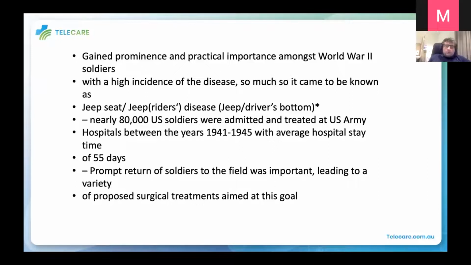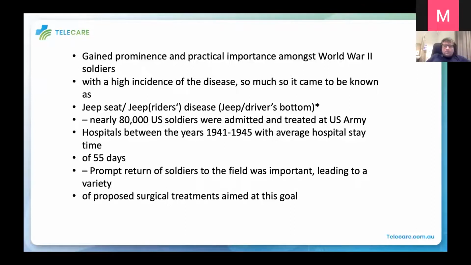It caused a lot of morbidity from the military's perspective, because over that period in the Second World War, about 80,000 military personnel had to be admitted into US Army facilities. Highlighting the problems with traditional treatment, these patients had protracted hospital stays, averaging 55 days, obviously leading to a lot of people being out of action.